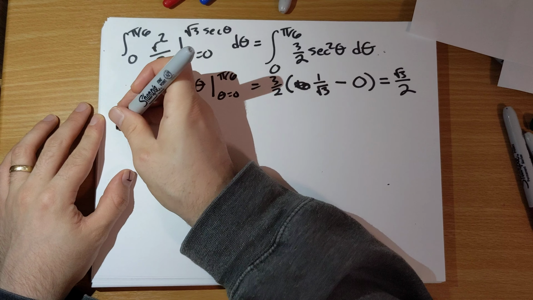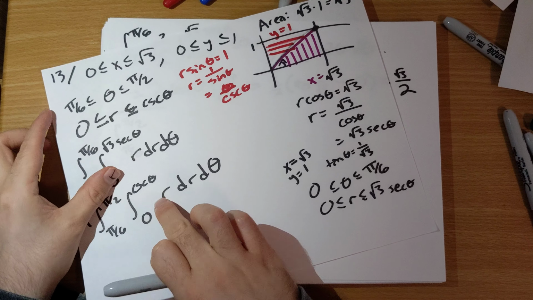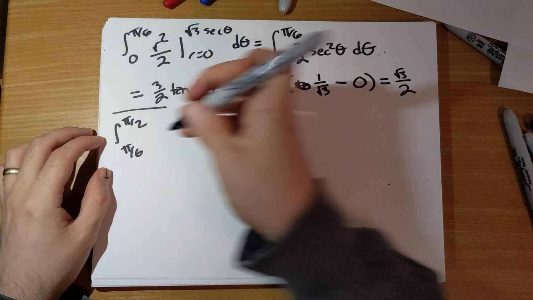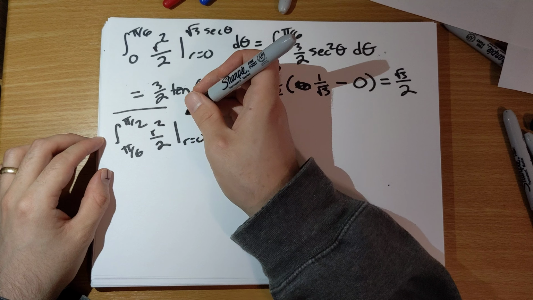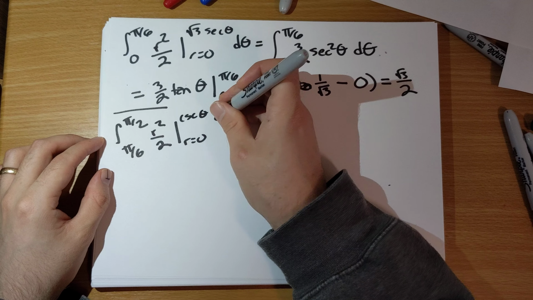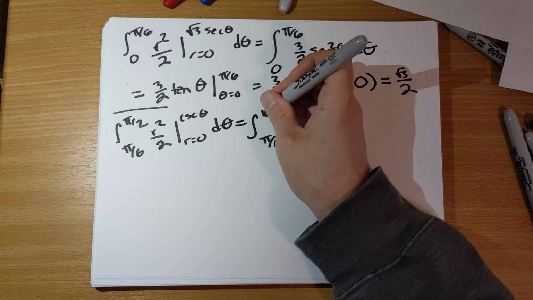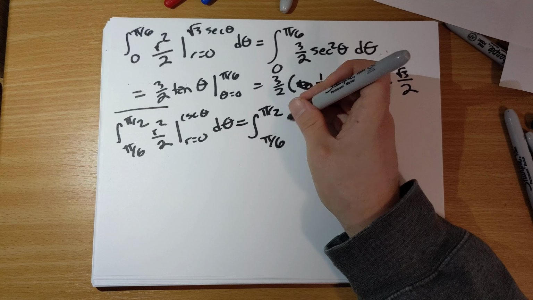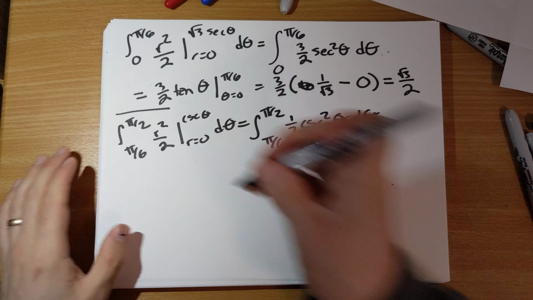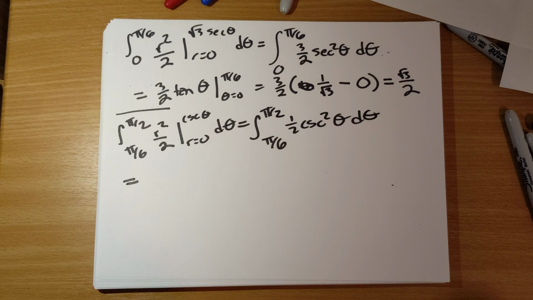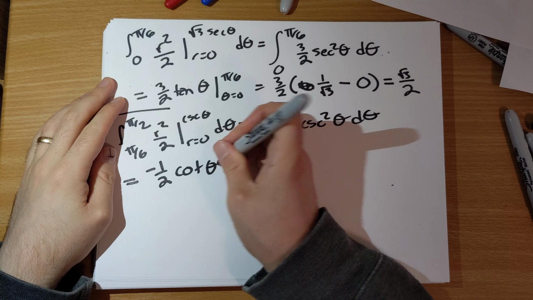As for the other integral, from pi over 6 to pi over 2, again the antiderivative of r is r squared over 2. Plug in r from 0 to cosecant theta. And so we end up with the integral from pi over 6 to pi over 2 of 1/2 cosecant squared theta d theta. The antiderivative of cosecant squared theta is negative cotangent theta.